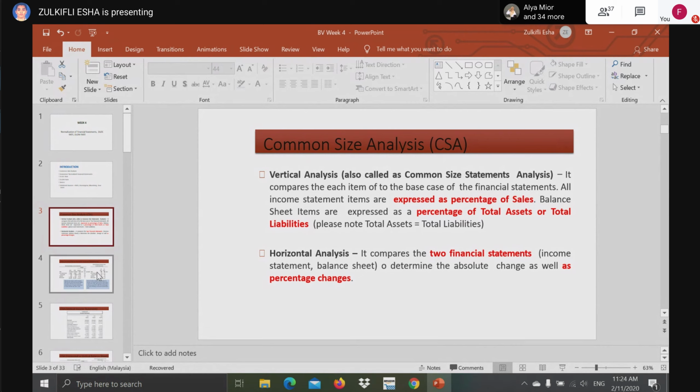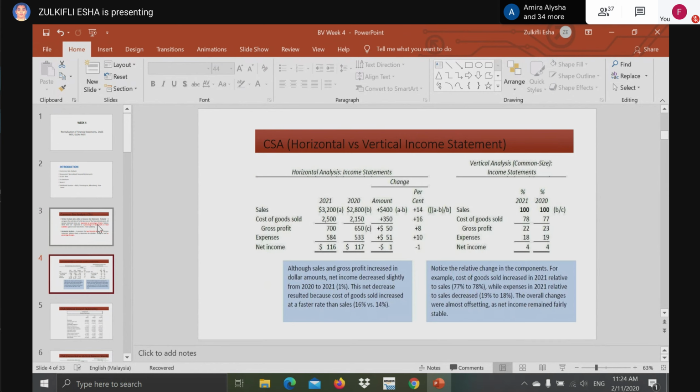So this is the common size analysis horizontally and vertically. This is for the income statement. This is the horizontal analysis. This is the vertical analysis. So what do we mean by horizontal? So let's look at the example.